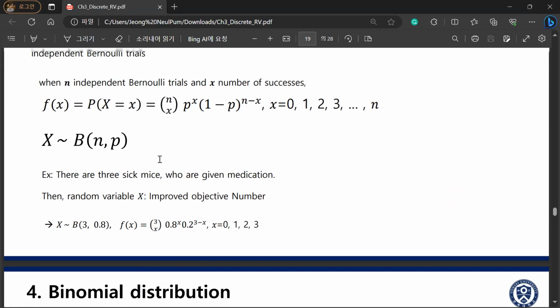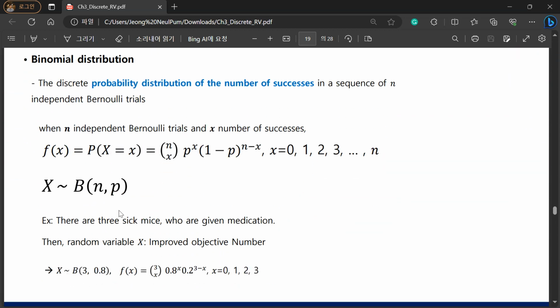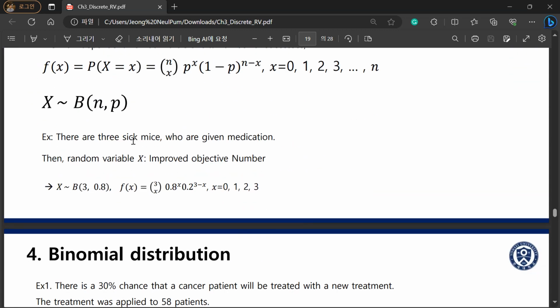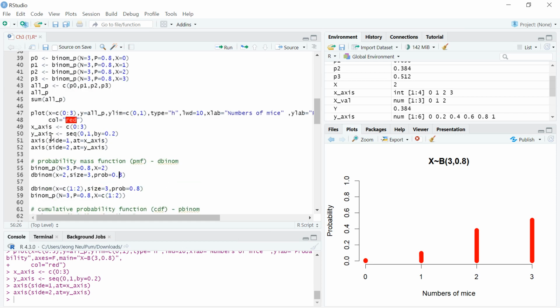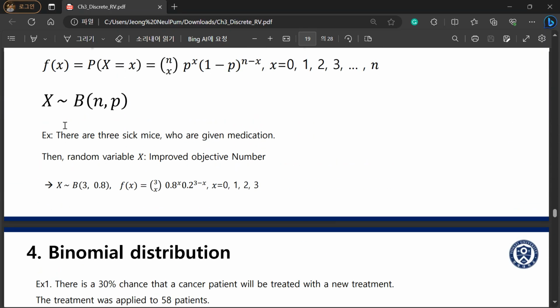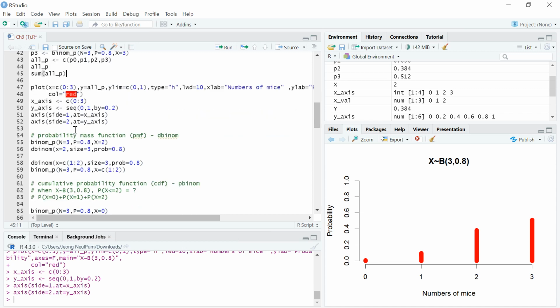And this is what binomial distribution is, and this is how we can get the probability from the binomial distribution. So actually, for getting the density here, we made our own binom underbar p function here and used it along with our own situation.